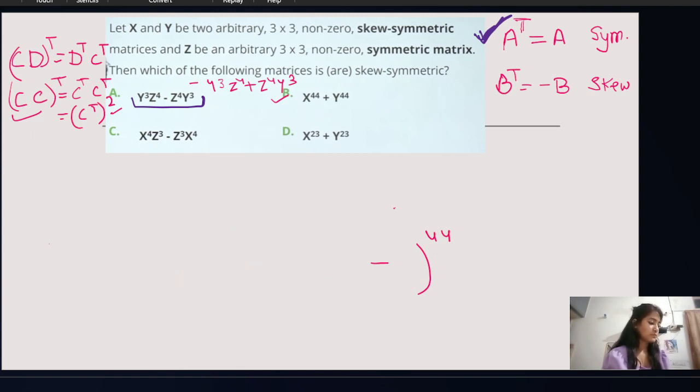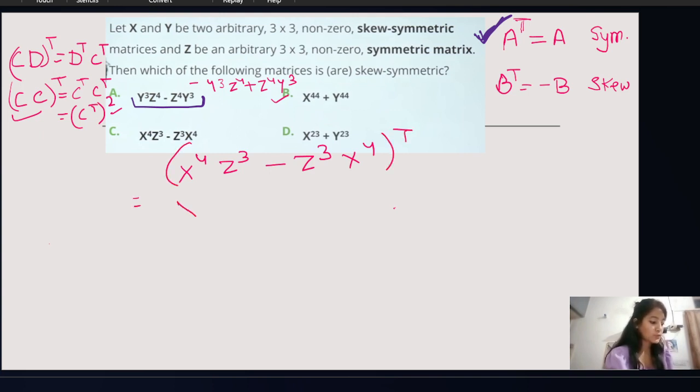Okay, so move to the third option. The third option is Z^4 X^4 Z^3 minus Z^3 X^4. Okay, so here we have to find the transpose. This is the same as option A, only the elements, I mean X and Z, are interchanged.